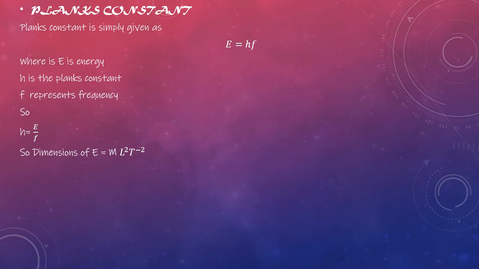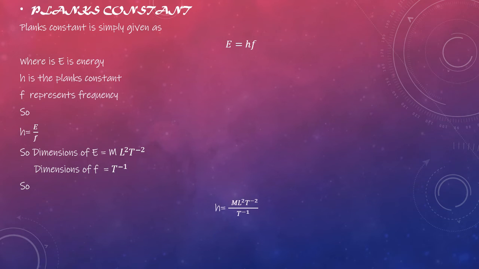And frequency, we know very well, comes from the period, which is the time for a complete oscillation to be done. Frequency is given as per second, which is going to be T to the minus 1.